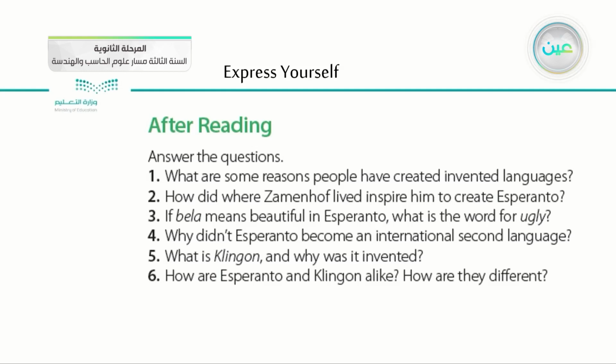Firstly, read the question. For example, number one, what are some reasons people have created invented languages? Read the question. After that, underline the keywords. For example, we have here reasons and created, invented languages.